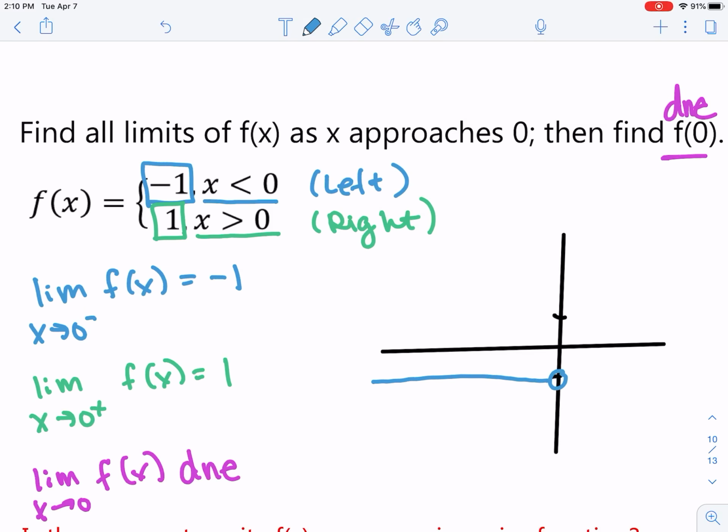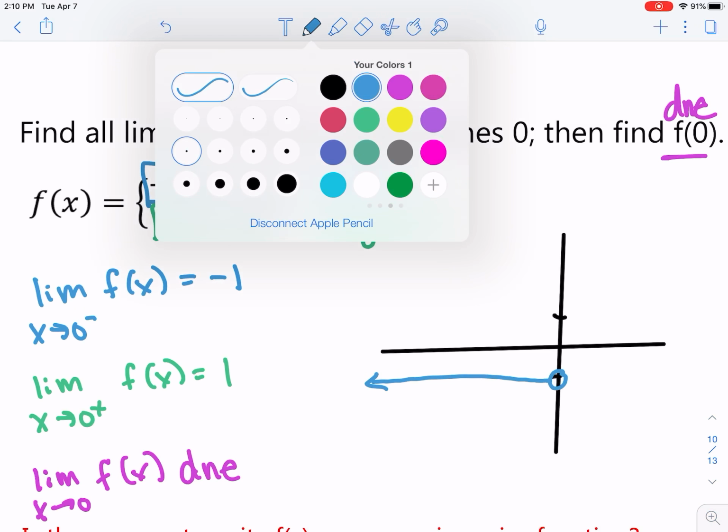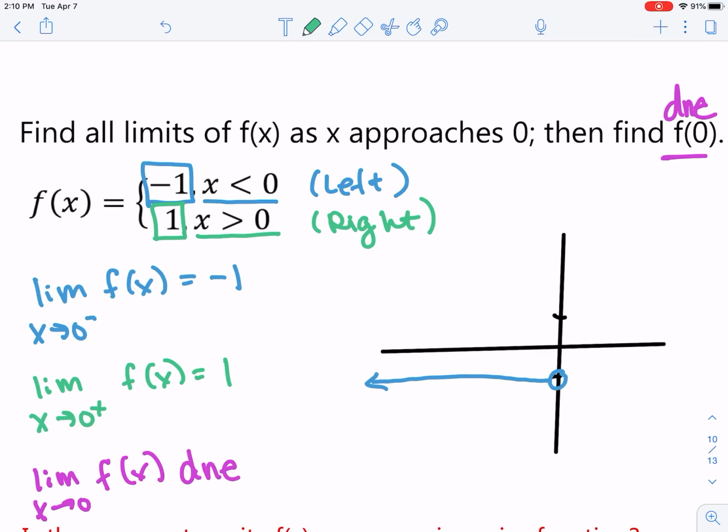So when x is negative, y is this constant -1, okay? And when x's are greater than 0, in other words, when they're positive, my output is +1. Okay, so it looks kind of like this, like broken railroad tracks, right? And no closed circle at 0, right? I don't have a function value there.